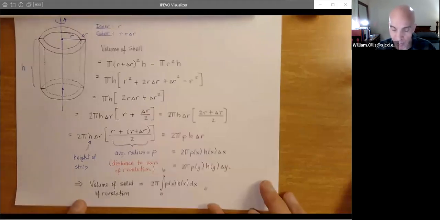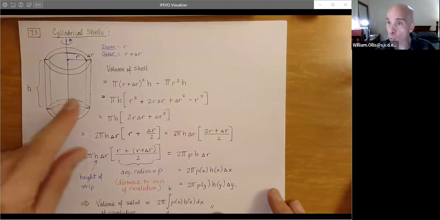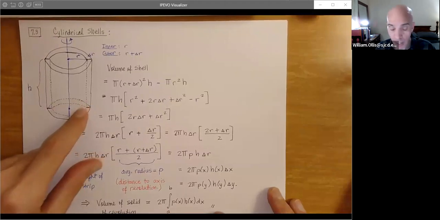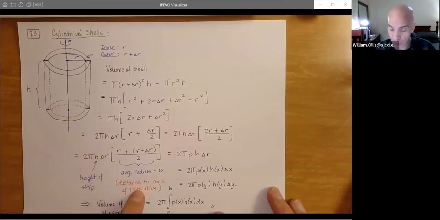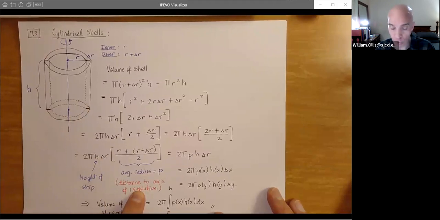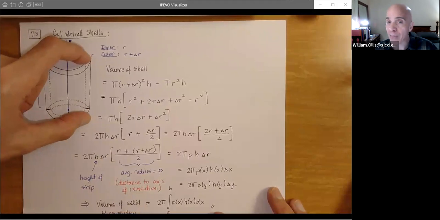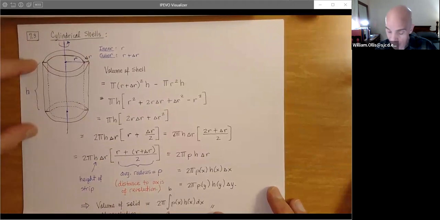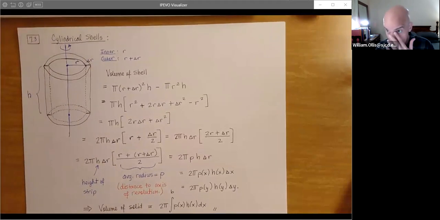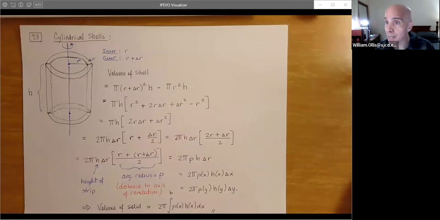Here we're thinking, when we draw the strip, we figure out the distance to the axis of revolution. And then in terms of whatever algebra we have, we find the height of the strip. And then take the product, integrate from whatever interval we have based upon the problem, and then the multiple 2 pi.